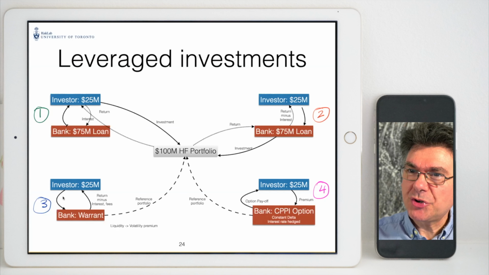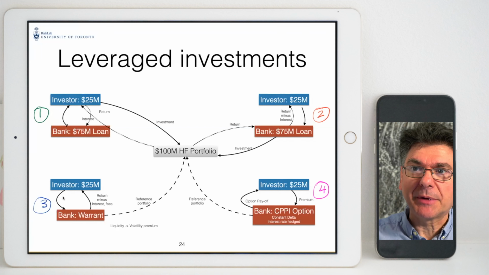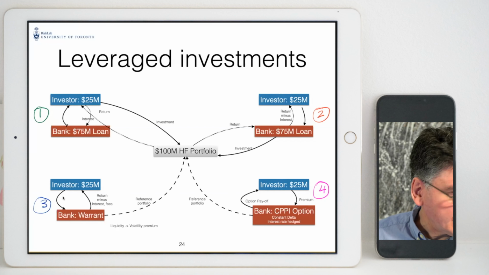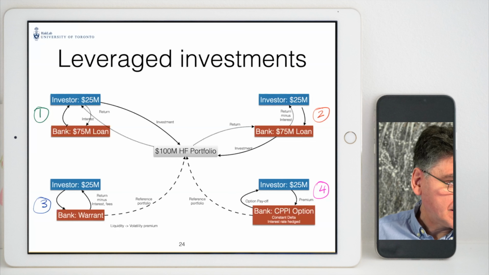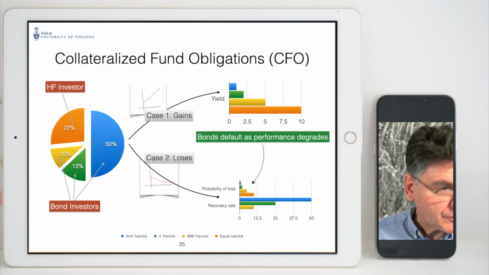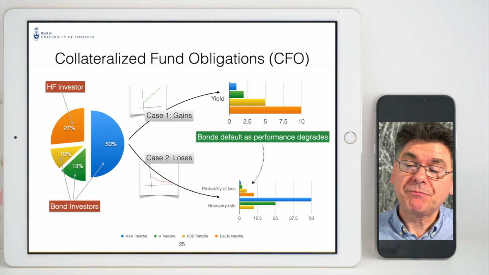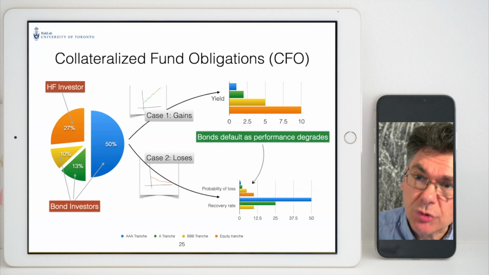So then what I'm going to do is explain to you the ultimate in leveraged investing. I'm going to show you an example of leveraged investing, which is structured credit.